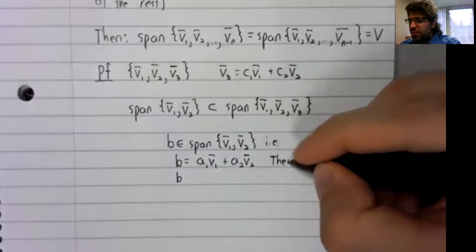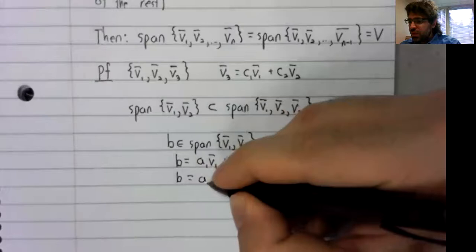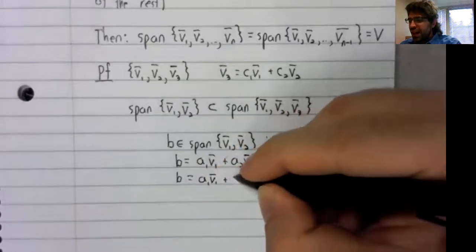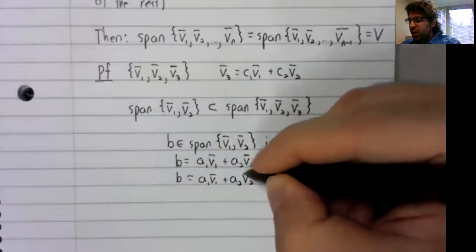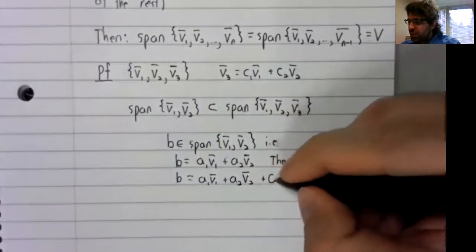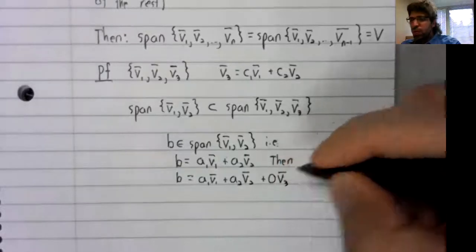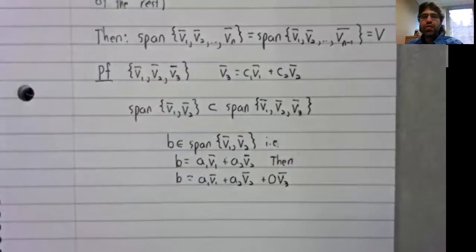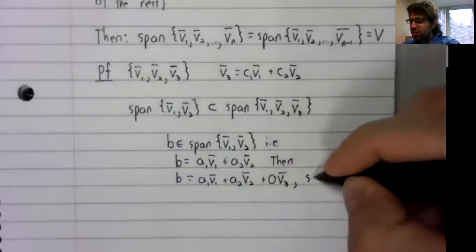Then, certainly, we can add a zero vector without changing anything. So B is a linear combination of these three vectors.